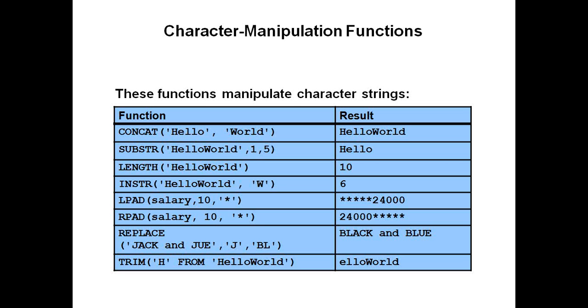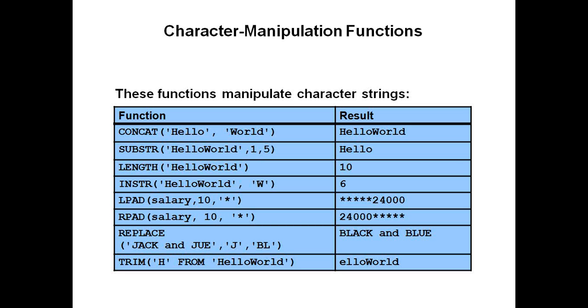And then we have LPAD and RPAD. So basically LPAD and RPAD are going to help you whenever you want to display the spaces with some symbols or something like that. So suppose if you look at the example there, I want to display salary in 10 positions, but if my salary is not there in 10 positions and there are some spaces involved, in that case I want to replace those spaces with a star mark.